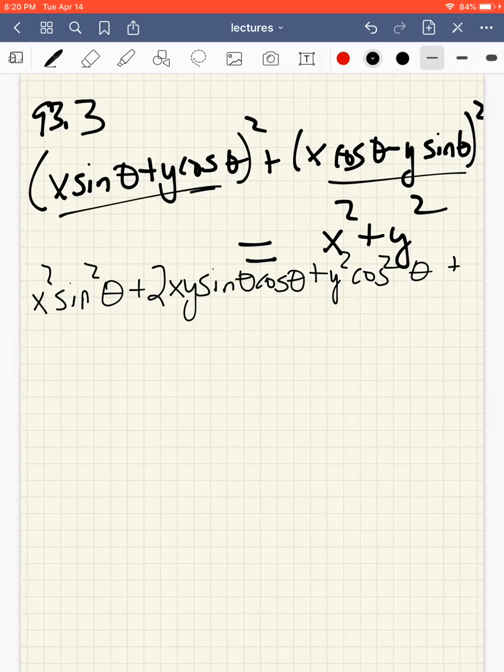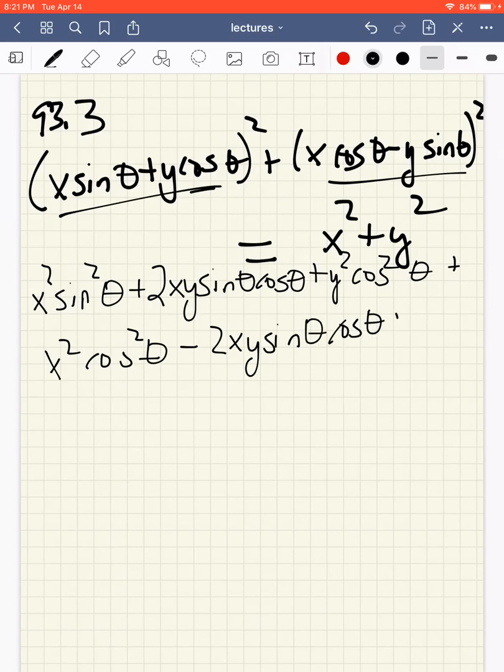This will be x squared cosine squared theta, and that'll be minus 2xy sine theta cosine theta, and then plus y squared sine squared theta. So let's see if anything cancels or if we can add like terms or do anything like that.